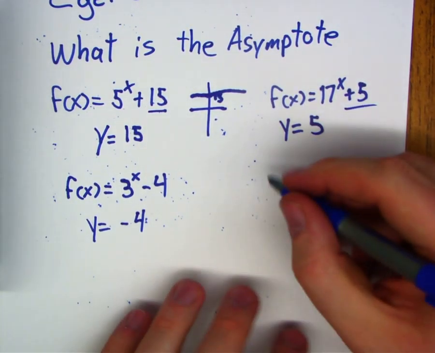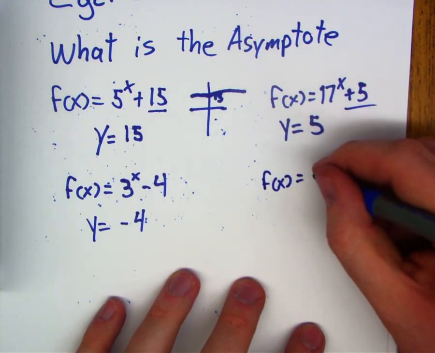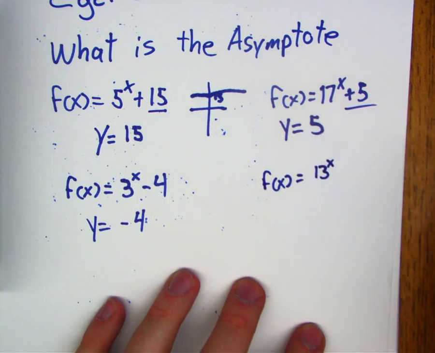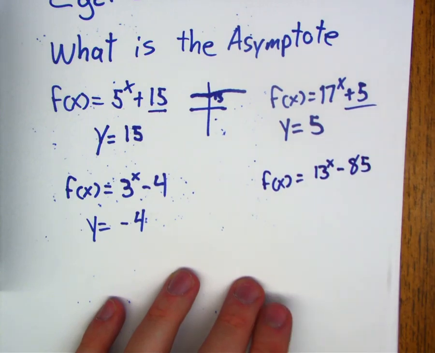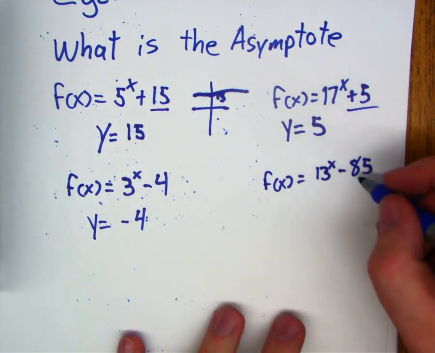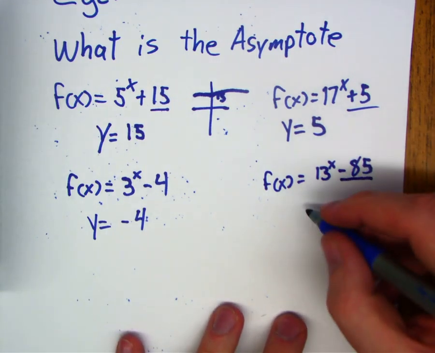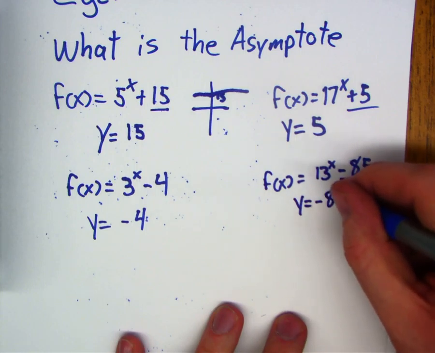All right. And finally, let's say f of x equals 13 to the x minus 85. It's going to be y equals negative 85.